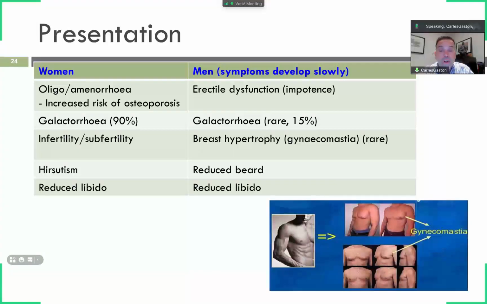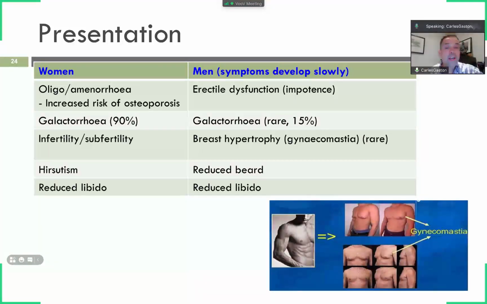And most importantly, hyperprolactinemia leads to reduced libido. How about in men? Because men can also have hyperprolactinemia, right? But men, obviously, don't have periods. But it causes erectile dysfunction. It causes impotence.